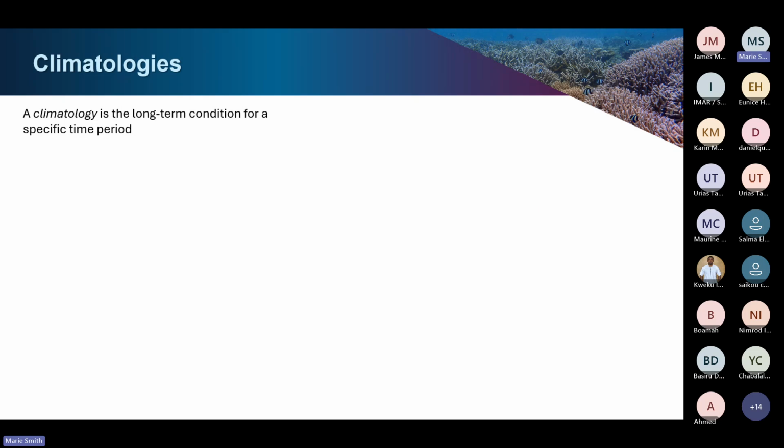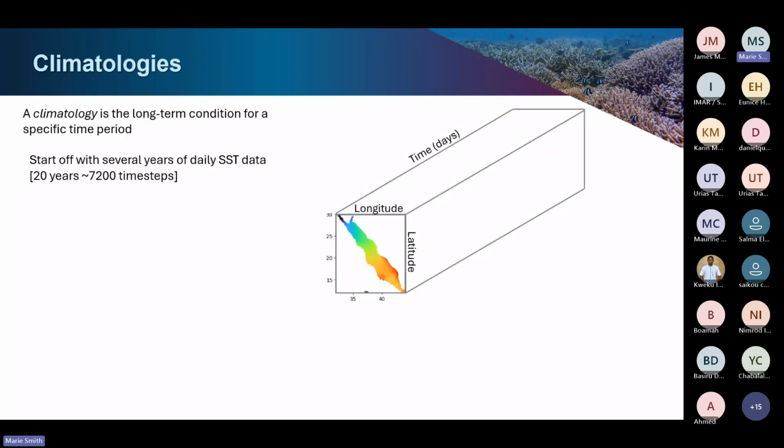So in order to do this, we obviously need the observed temperature, so basically just the satellite temperature that you have for a specific day. But it's also important to have a climatology, or a long-term condition for a specific time period or a specific place. When it comes to climatologies, we tend to start off with, for instance, a couple of years' worth of daily sea surface temperature data.